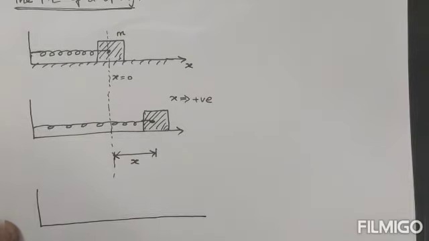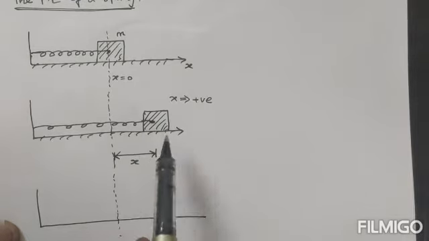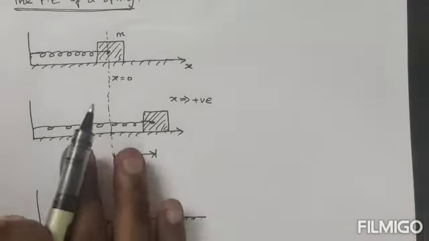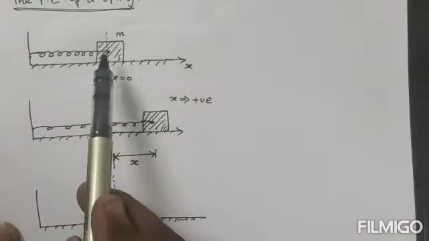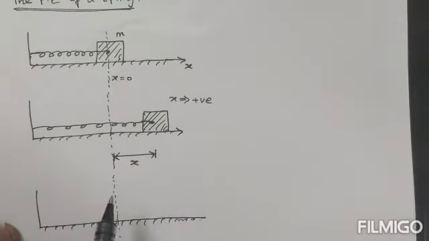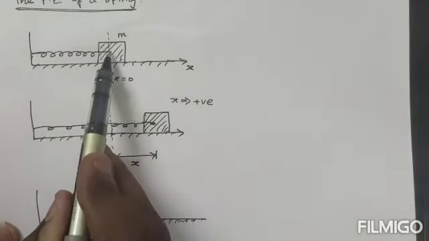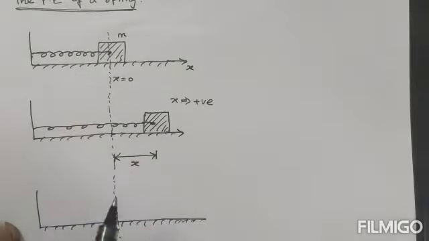One more diagram: in the same system, you know very well, here is the equilibrium position, and it's a frictionless surface. Now let's imagine, instead of stretching, we are going to compress the system. While compressing, the block moves from the equilibrium position towards the wall, so it moves on the negative x-axis side.